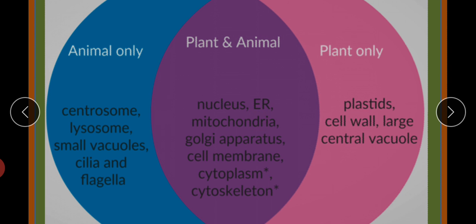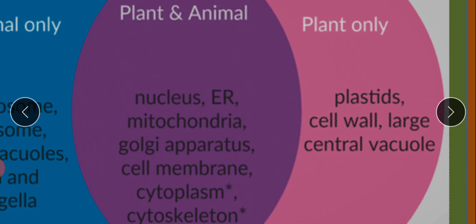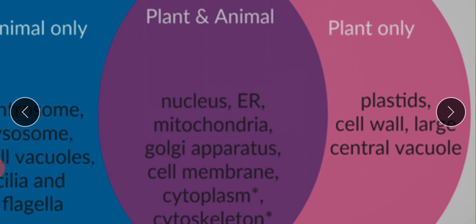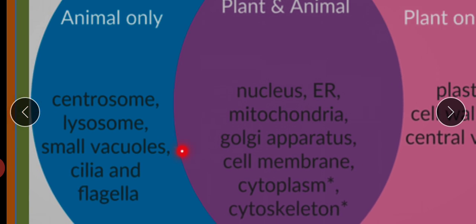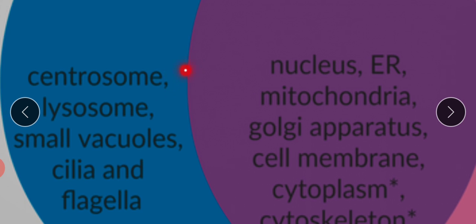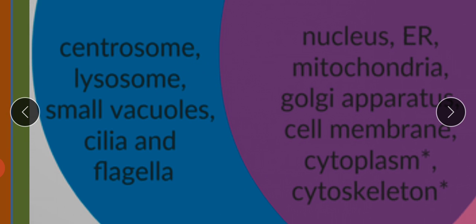Then the structures present only in plant cells are plastids, cell wall and large central vacuole. Whereas the structures present only in animal cells are centrosome, lysosome. Yes, lysosome is also only present in animal cells, which digests all the harmful material or dead cells.